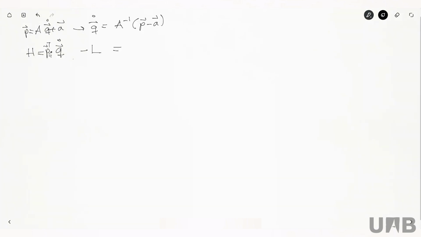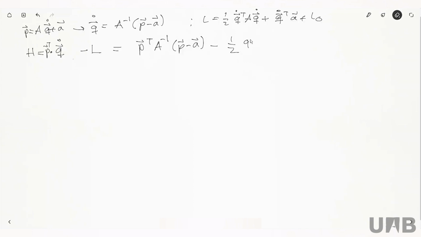p transpose times this. So that is then p transpose times A minus 1 times p minus a, minus the Lagrangian, which is 1/2 of what? Remember that L is 1/2 of q dot transpose A q dot plus q dot transpose times a plus L0, right? So that's minus 1/2 of q dot transpose, and this I have to write here.